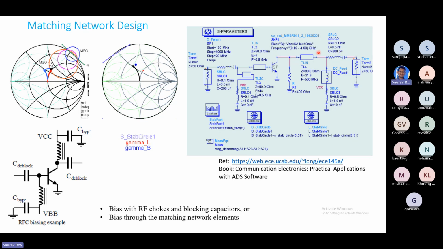So the task of this matching network is to bring this gamma L value, the corresponding ZL load resistance, to 50 ohm here. And here also I see the source resistance, gamma S or the corresponding ZS, but we need 50 ohm here to match. So we have to add another impedance network at the input side which will transform the 50 ohm to this ZS value.